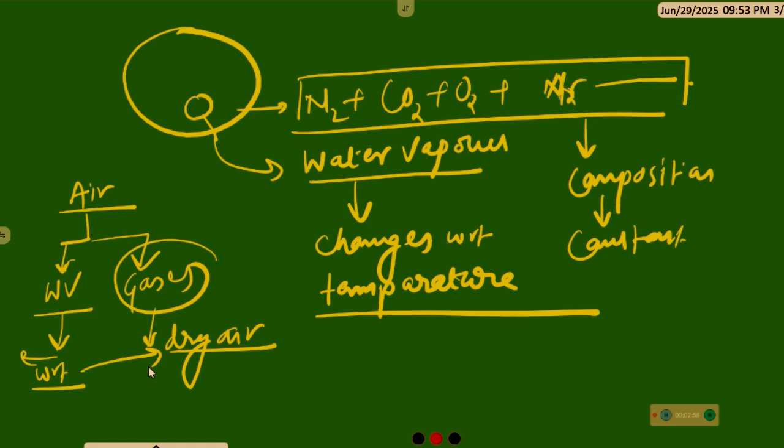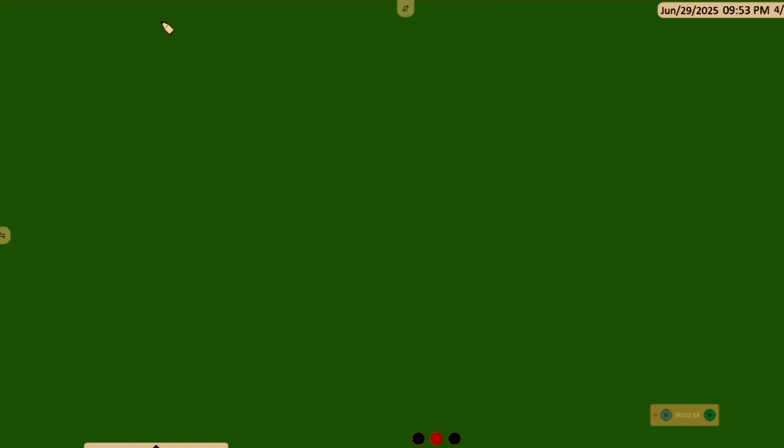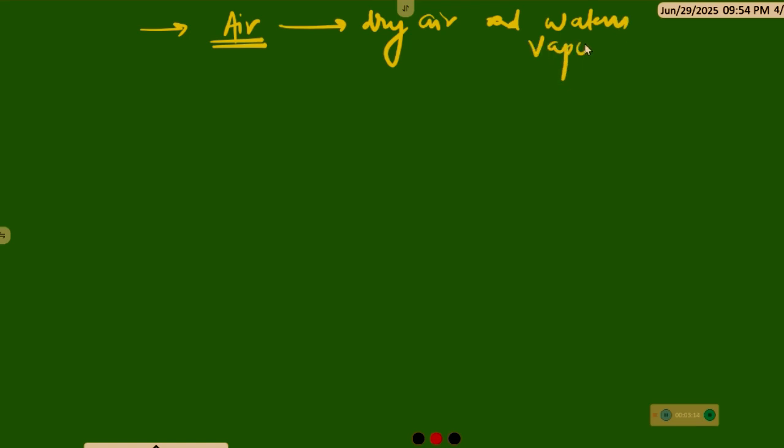So wherever we are using the air, it will have two parts, that is dry air and water vapor. Generally, for the sake of our study purpose, we will now use any air as only dry air.